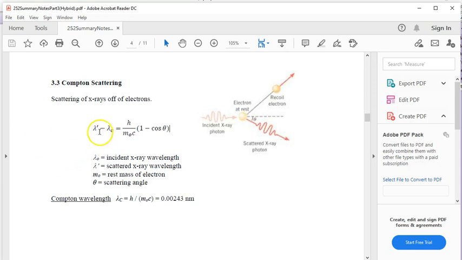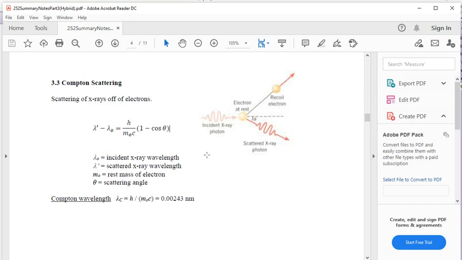So you always should get a scattered wavelength that is longer than the incident wavelength. And if you notice, the biggest shift, the biggest energy loss, will be when cosine theta is -1, because then this number in parentheses would be 2. That's the biggest it can be. The shift there would be 2 Compton wavelengths.